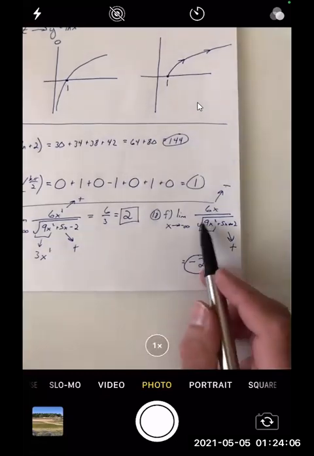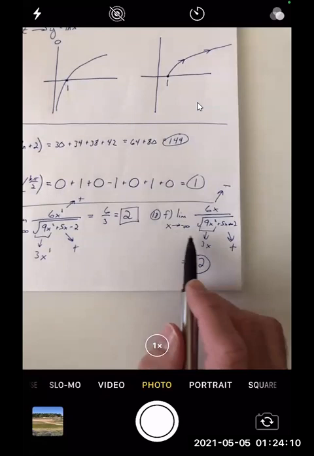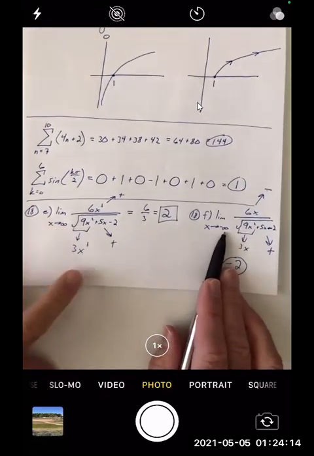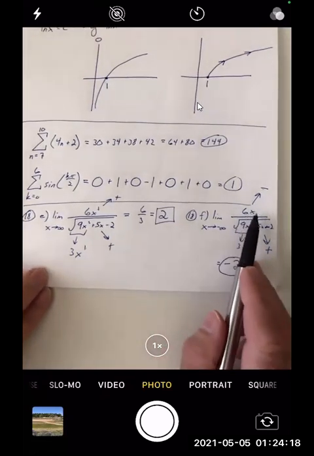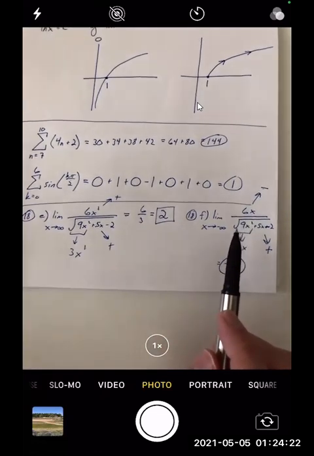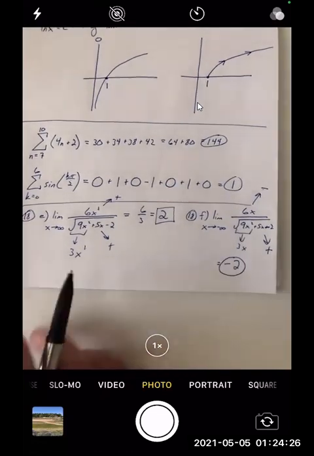So with the square roots, you do have to pay attention to what x is approaching, if it's positive infinity versus negative, because that will affect whichever place doesn't have the radical, which in this case was the top.